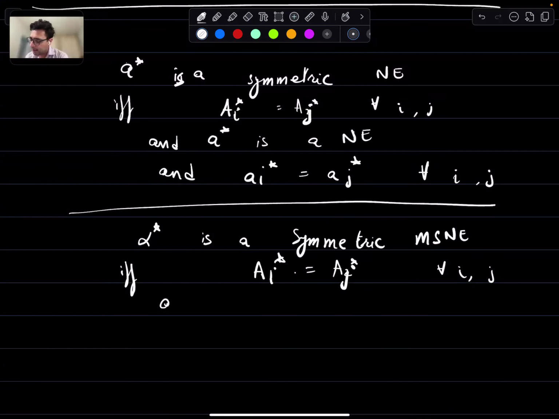And alpha star itself should be a mixed strategy Nash equilibrium.